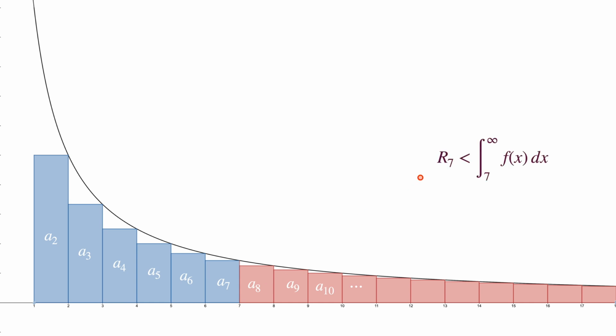Let's write this down. So R sub 7 will be controlled from above, the definite integral beginning at that same index, going out to infinity. And then more generally, for an arbitrary n, R sub n is controlled from above by n out to infinity for bounds on the definite integral of the associated f.